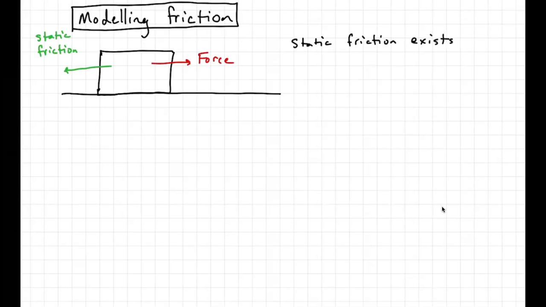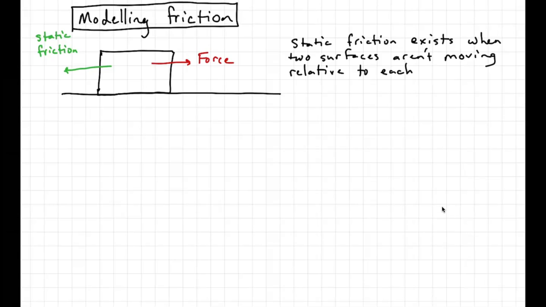Static friction exists when two surfaces aren't moving relative to each other. So that is, if the box is stationary relative to the ground here, and I'm applying force, but the box isn't moving, there must be some static frictional force that's preventing my force from accelerating the box.